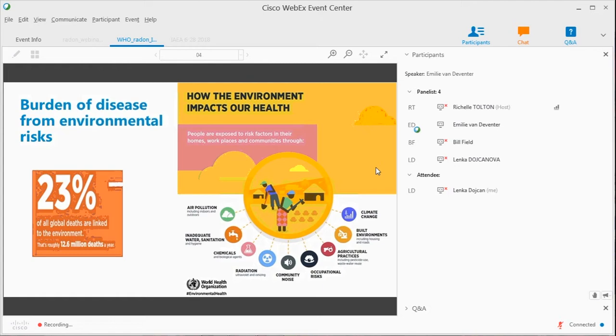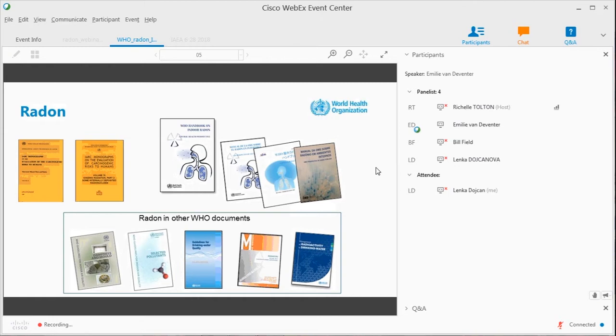Now, with regards to radon specifically, our agency for research on cancer has classified radon as carcinogenic as early as 1988 and has reviewed the data again in 2001 and 2012.